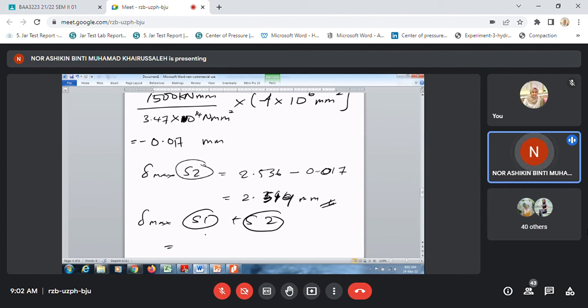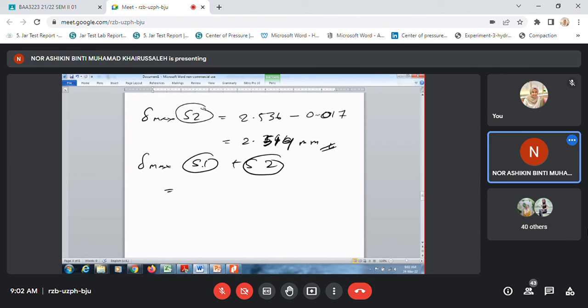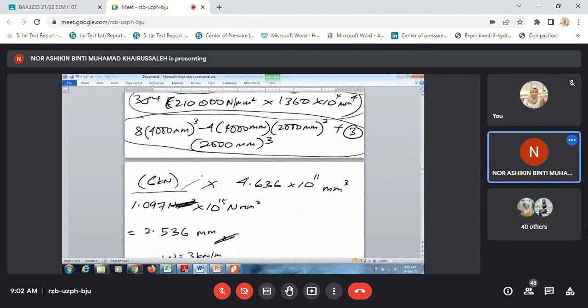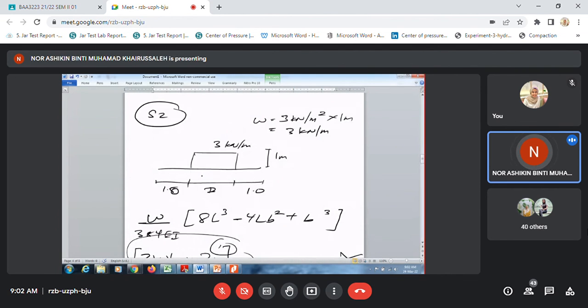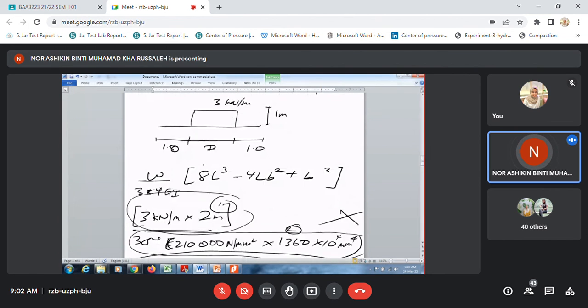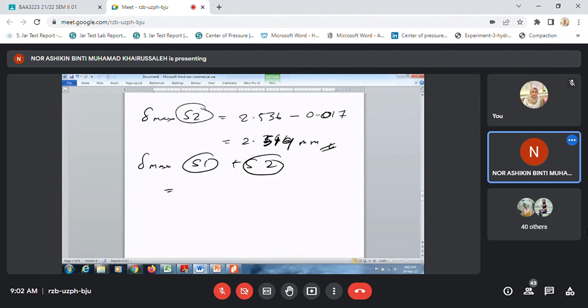Slab 1, what was the total earlier? Quickly, we are about to finish. Slab 1, 2.194. 2.194 plus with the 2.519.